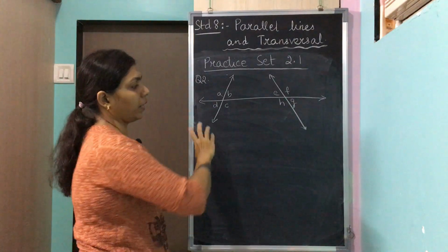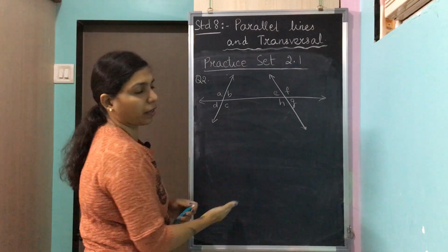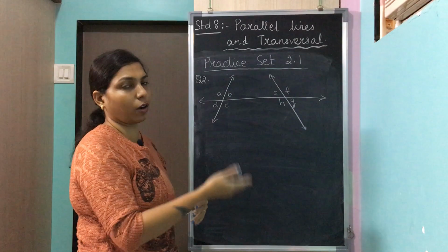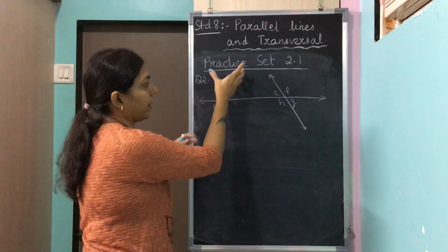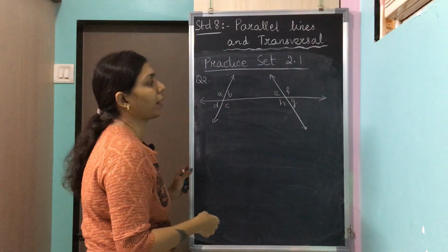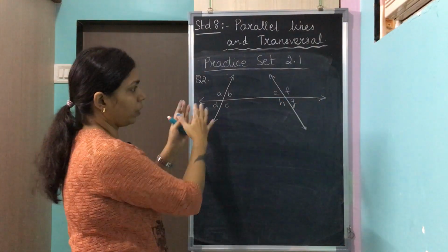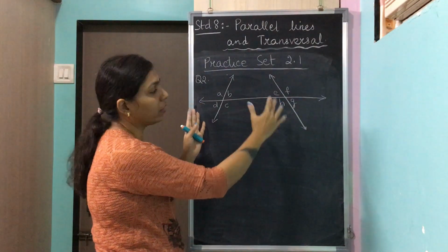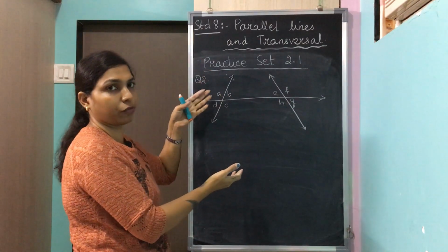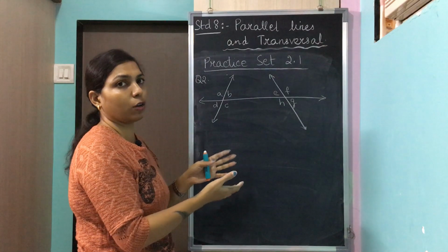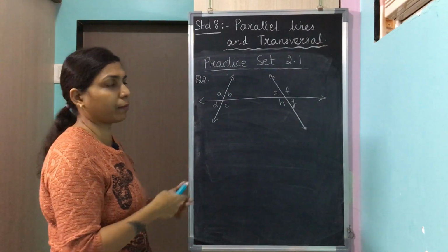Instead of drawing the lines in this manner and having the transversal in this manner, it is just done in an alternate manner where your lines are in the up to down direction and your transversal is in the sleeping position. So if you are not able to understand the angles in this manner, you can change the position of your textbook, and you can look at your transversal in that manner.